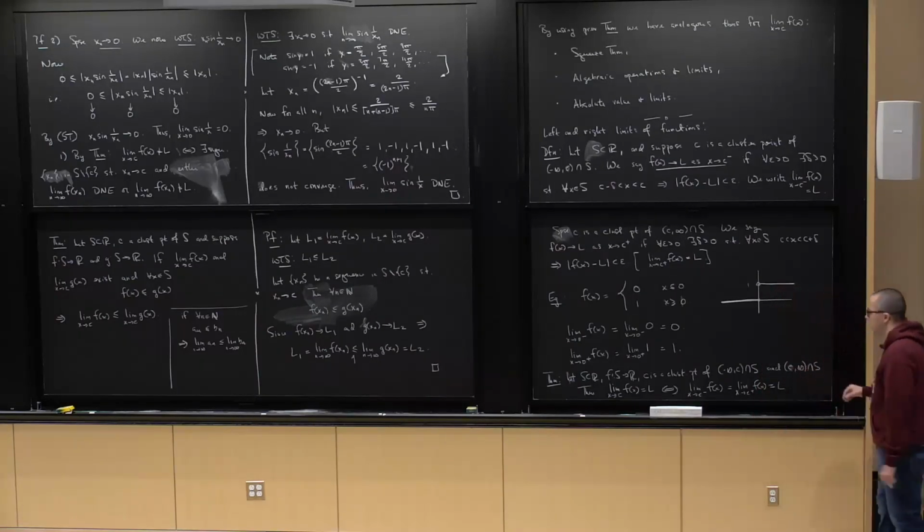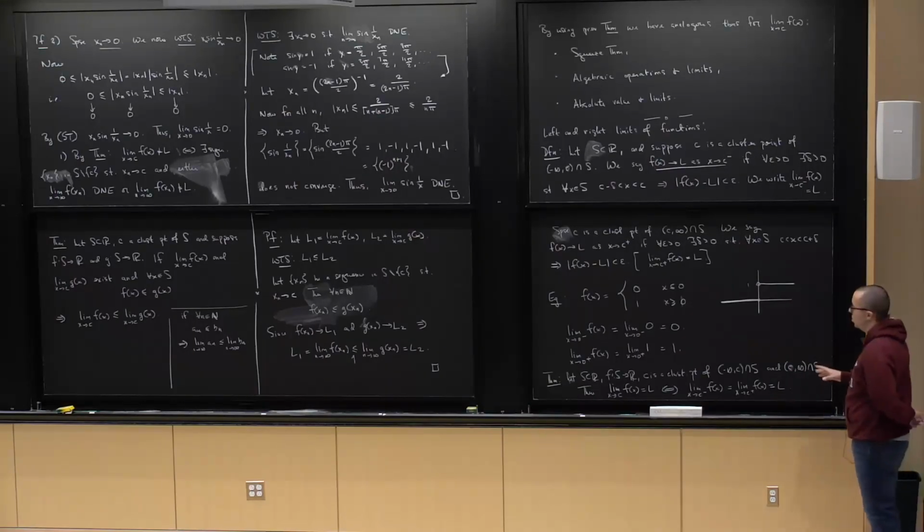So okay, what if you want to make some sort of connection between the way this theorem looks and the statement of the theorem for lim inf and lim sup.